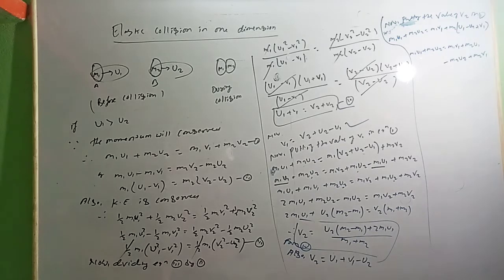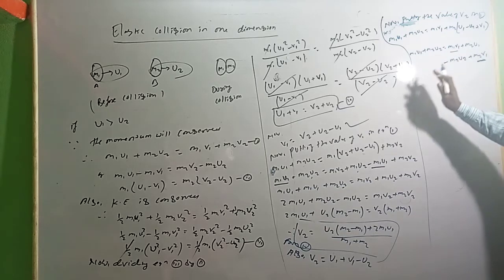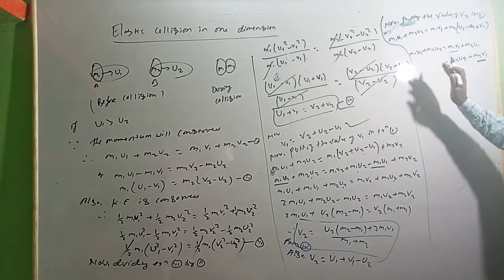Now arrange this one. How will you arrange? Again the same process whatever you have done. First you got v2 and now you will find out the value of v1. So v1 is here in one place and another here. So this you will write together and write everything on the left side.